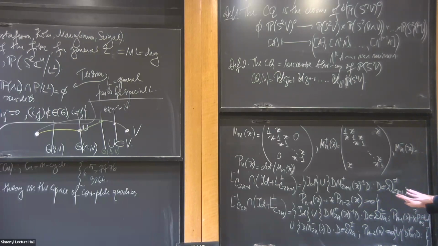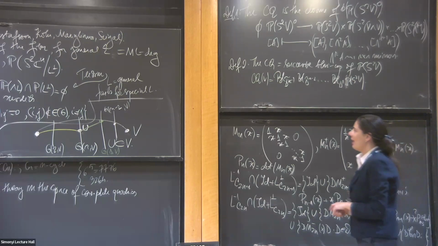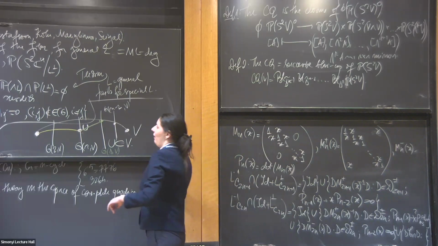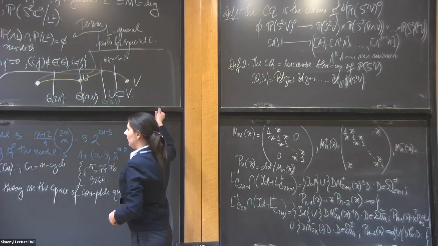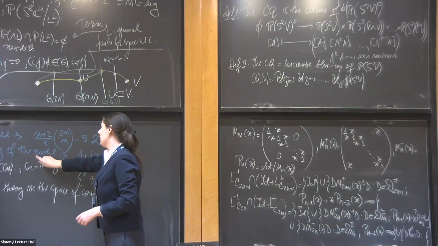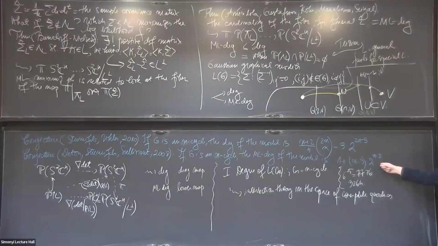This is not easy, so I cannot explain everything here in 2 minutes. But the thing is that we got all the points, and if we count them, the number we get is exactly the one conjectured by Drton, Sturmfels and Sullivant, and is this one.